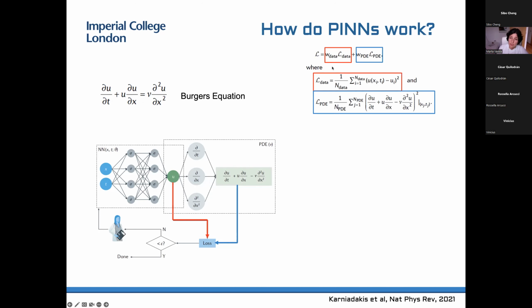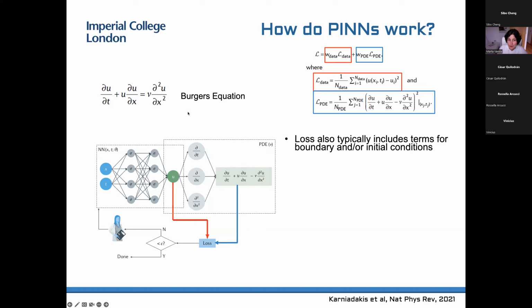So your loss function will have two main terms, one for agreement with the experimental data that you have acquired about the system, and another one about agreeing with the known physics law of the system. And you can set these weights to 1 in the simplest example, or there have been a few other examples suggesting schemes to calculate the optimal weights for this.